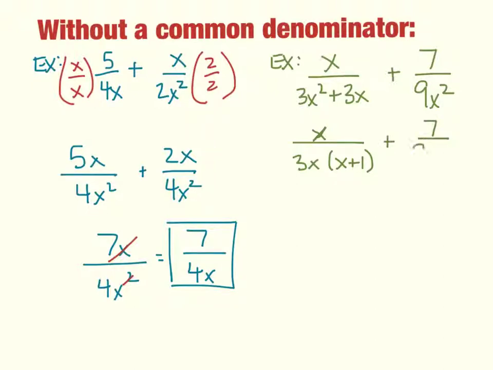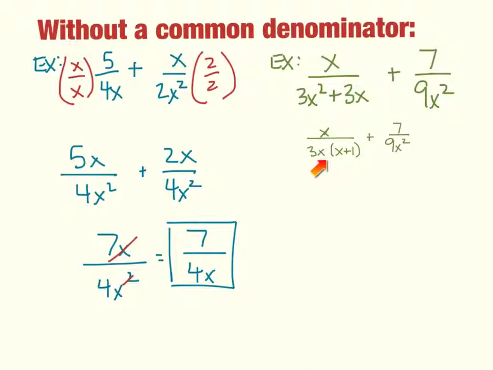Plus 7 over 9x squared. Okay, so 3x and x plus 1, each of these things is a separate term. We have to have each of these pieces in 9x squared. And everything over here in 9x squared needs to be in this denominator as well.